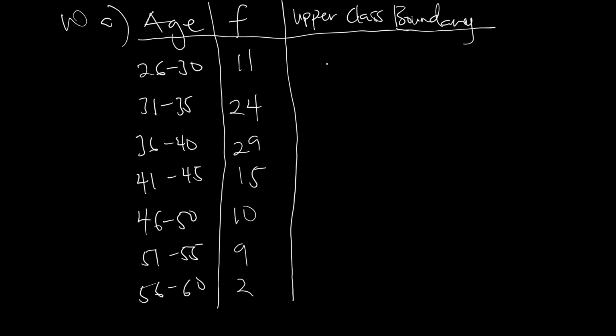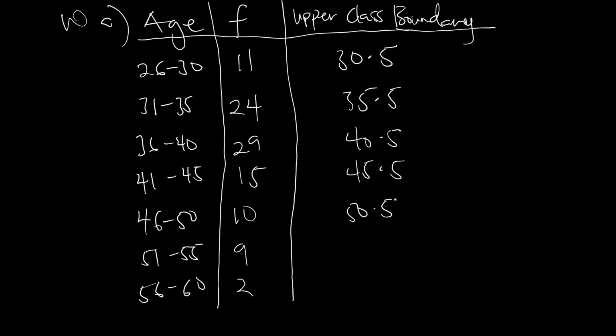So we have 30.5, 35.5, 40.5, 45.5, 50.5, 55.5, then 60.5. So that will be our upper class boundary.